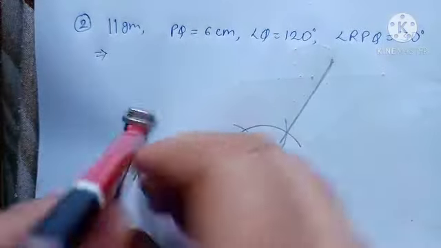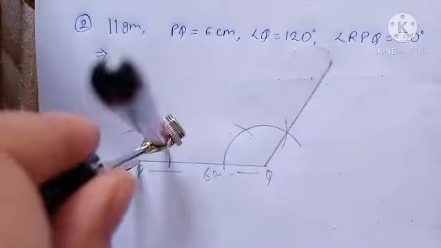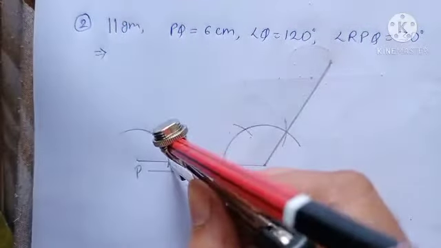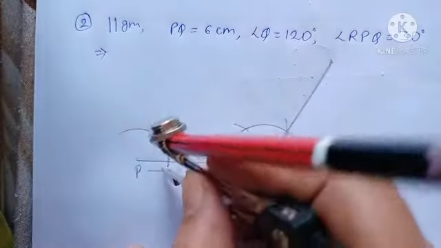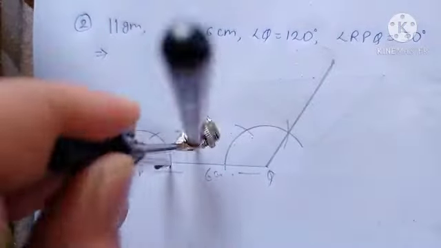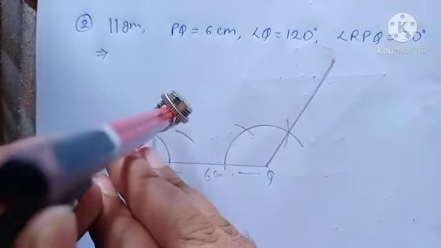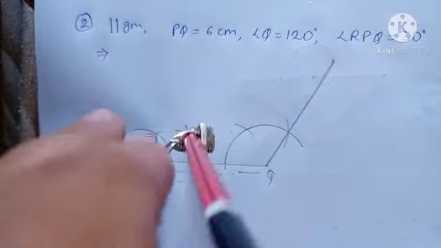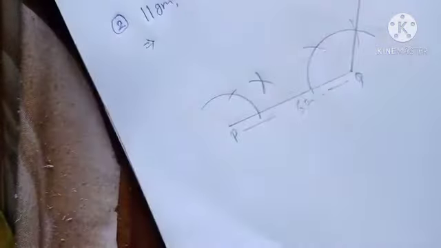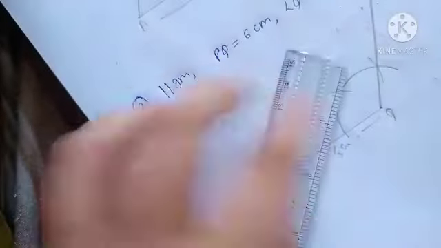So we will make 30 degree angle at P. This is 60 degree angle, and for making 30 degree angle we will draw an arc here, and we will intersect this arc and join P to this point of intersection.